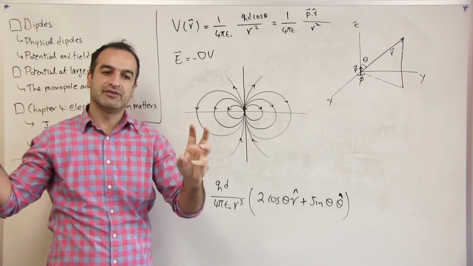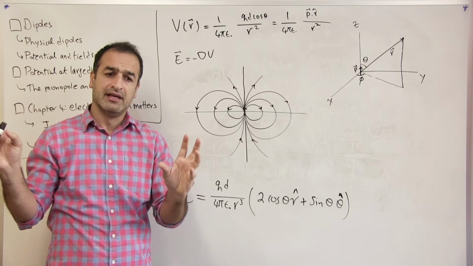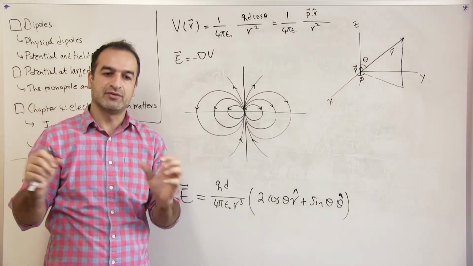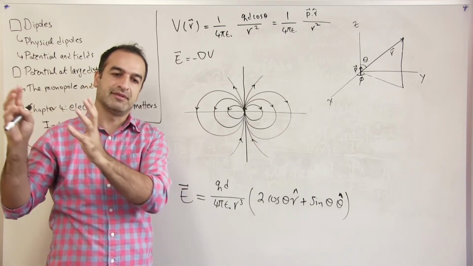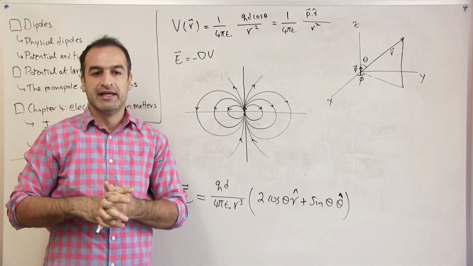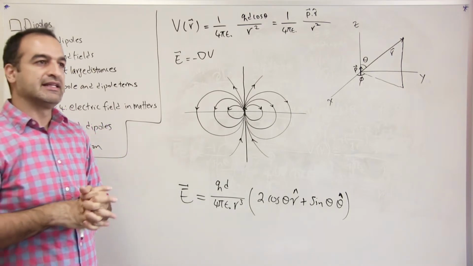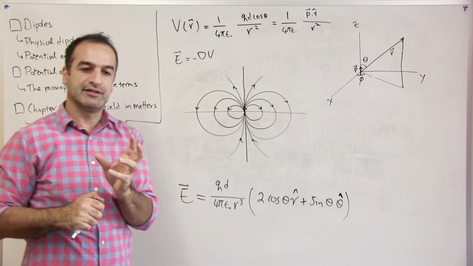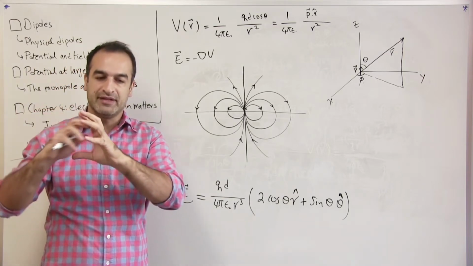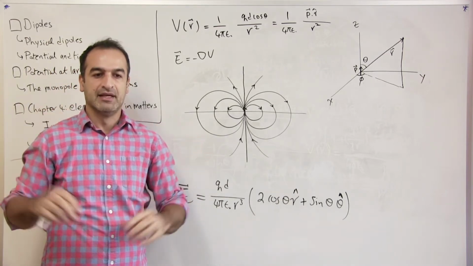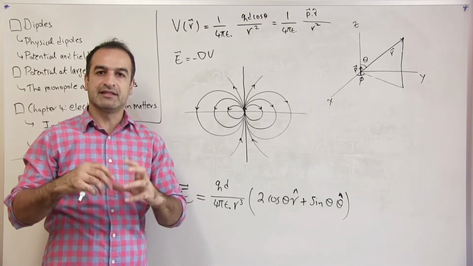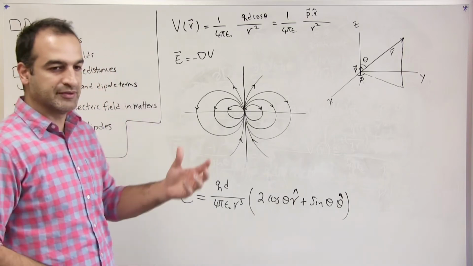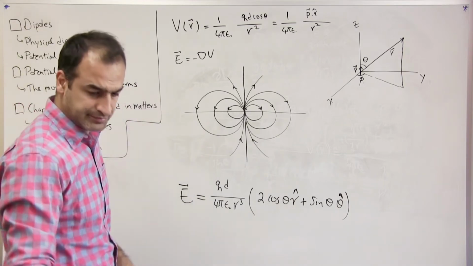Then I want to expand that in terms of 1 over r, so I have a leading term, a second order term, a third order term, and so on. Then I want to define the electric dipole as a function of the way we do this expansion. Basically that's going to be a Taylor expansion in terms of 1 over r. Let me start doing that and we go step by step.